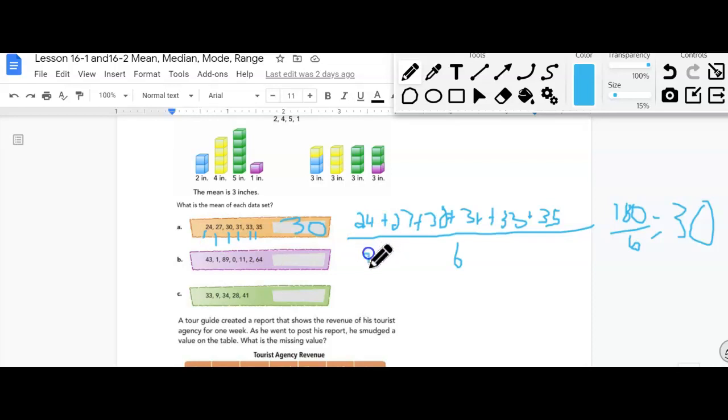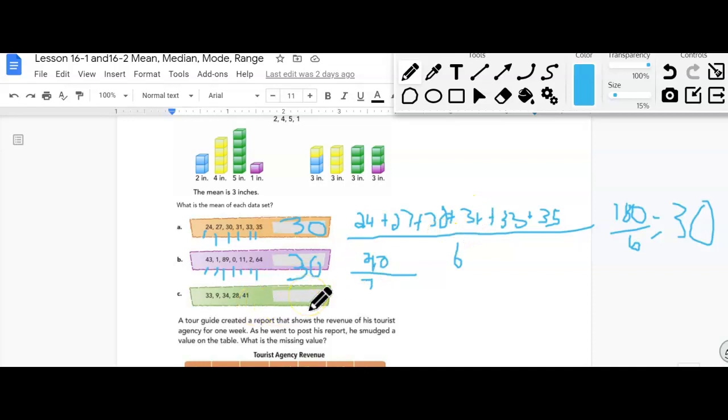That total on the top should be 210. Divided by 1, 2, 3, 4, 5, 6, 7. 210 divided by 7 is 30. Again, I included this 0 for my bottom number.